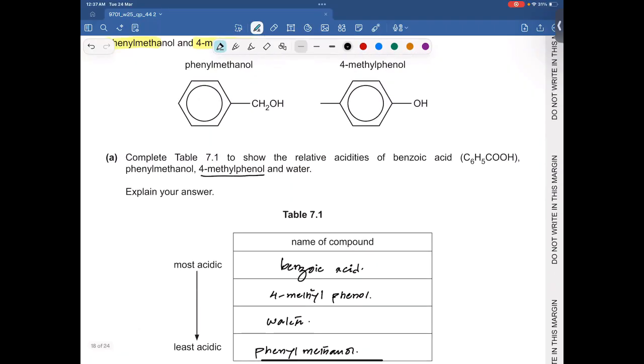Now in benzoic acid, this carbonyl carbon is attached to more electronegative oxygen atoms.